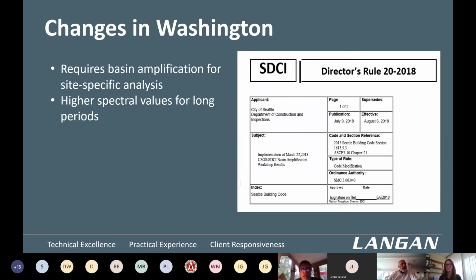Whenever we do work in Seattle, we have to go and include these provisions as well in our quantification of site-specific values.